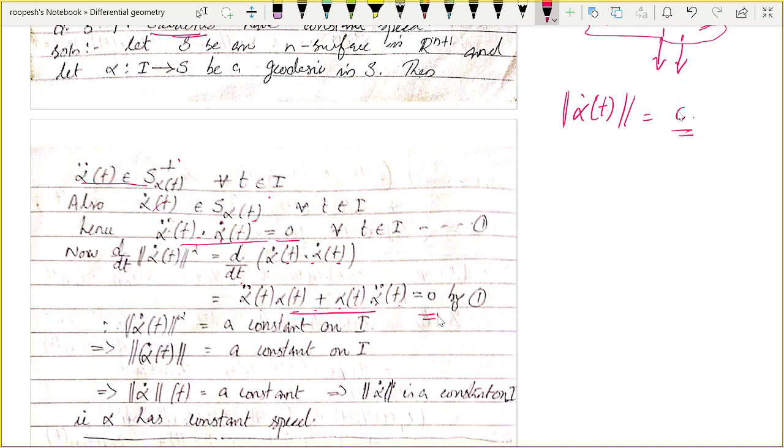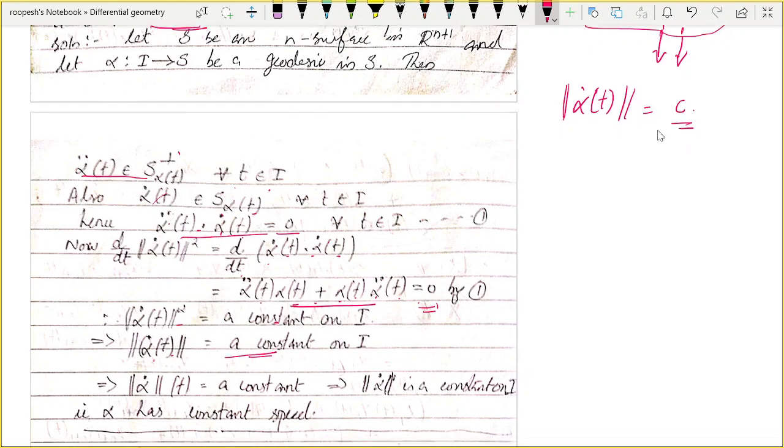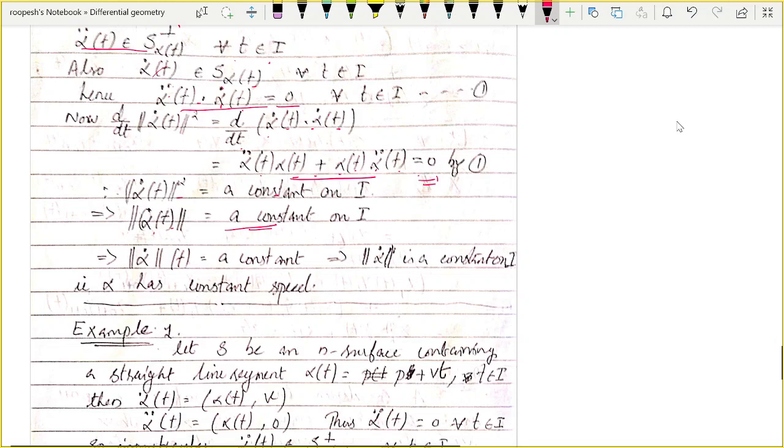What does this mean? The derivative of something is 0, so that something is constant. That means the speed of alpha dot of t is constant on I.